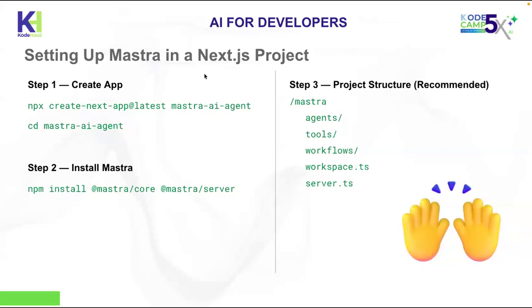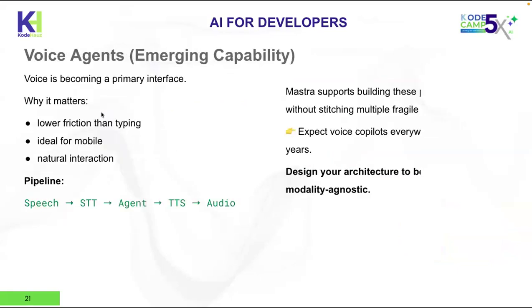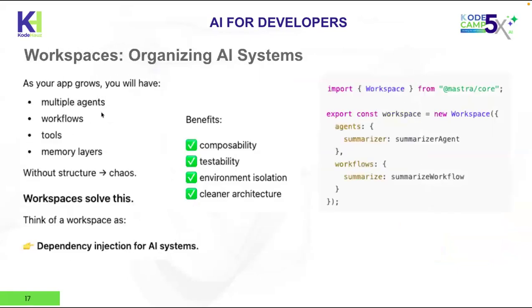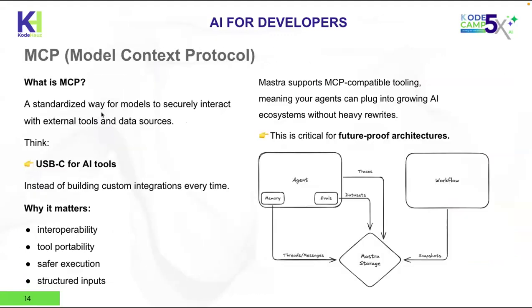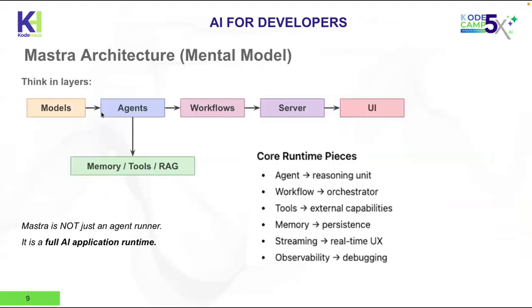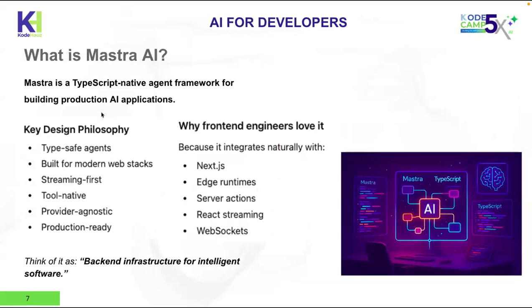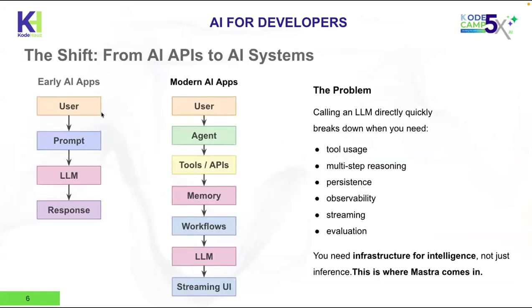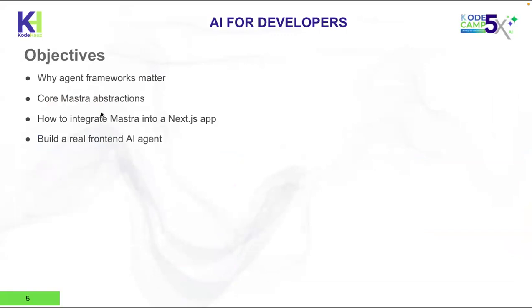Okay, today we are going to continue exploring Mastra AI. If you remember, last time we looked at Mastra and what it's capable of doing. It has a lot of capabilities, and you will see that there is a lot in it.